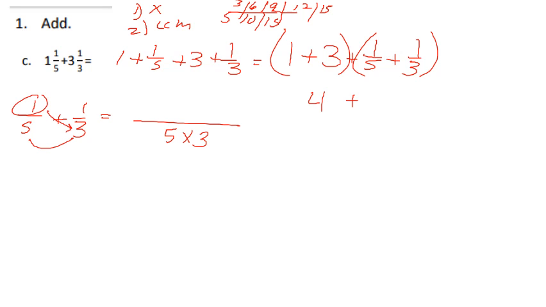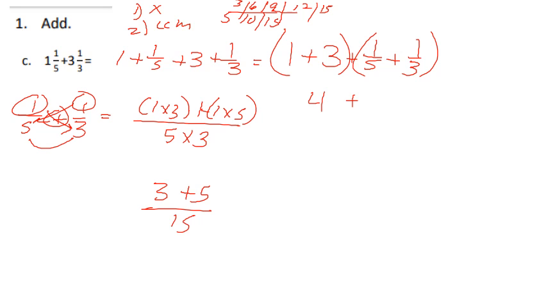And we're going to do 1 times 3 plus, we've got to put that operator in there, 1 times 5. So now we're going to end up with 3 plus 5 over 15, which gives us 8/15. So now we have 8/15 here. So we know our answer is 4 8/15.